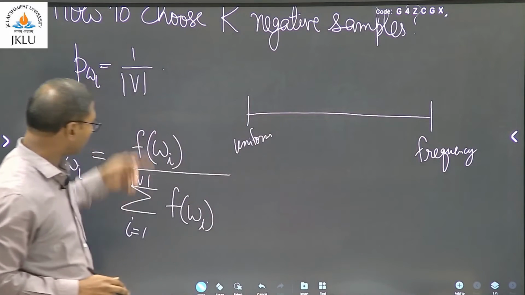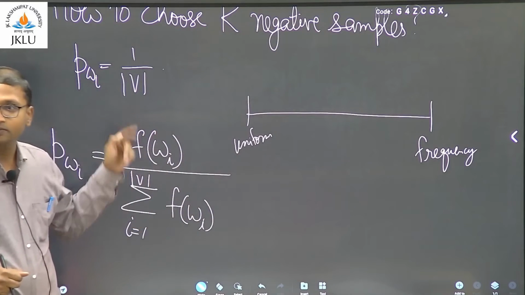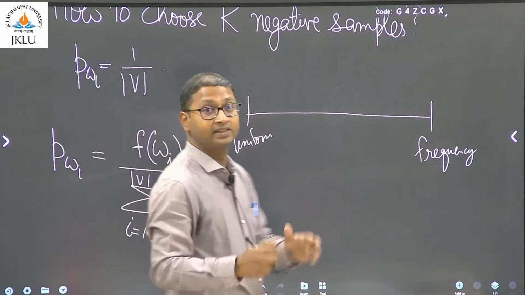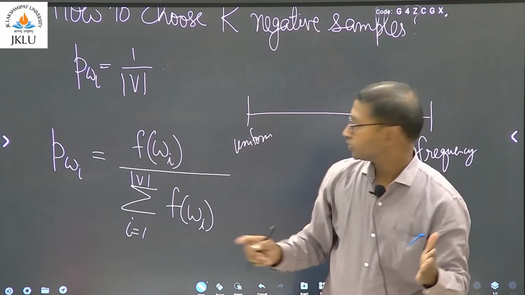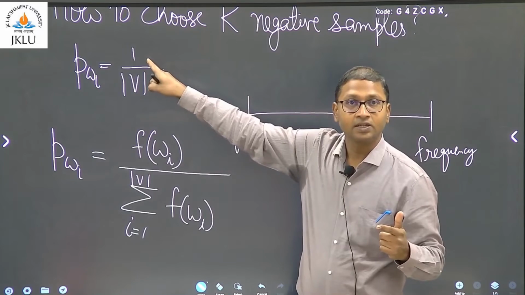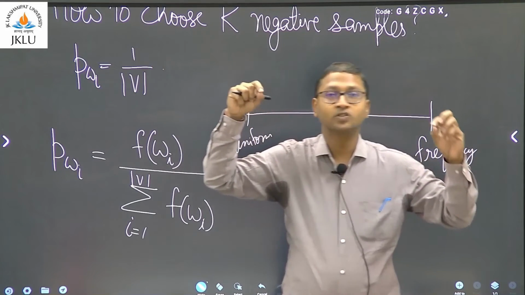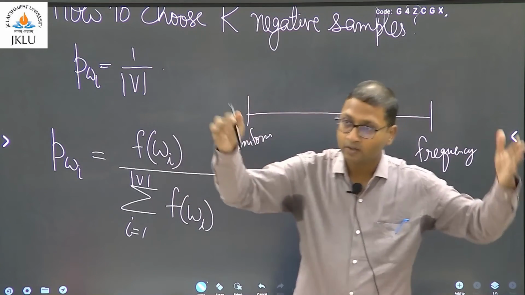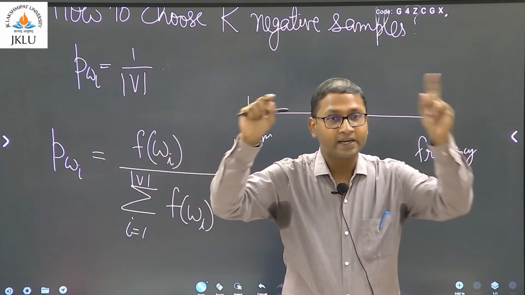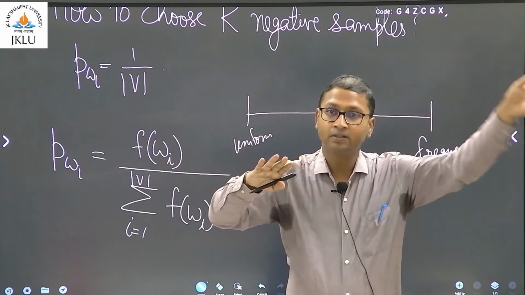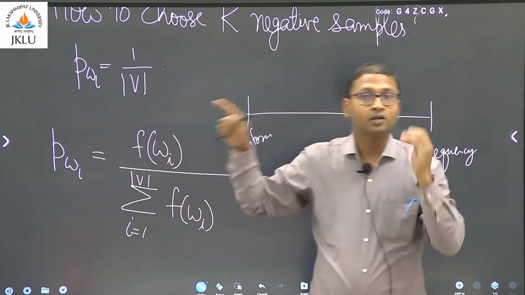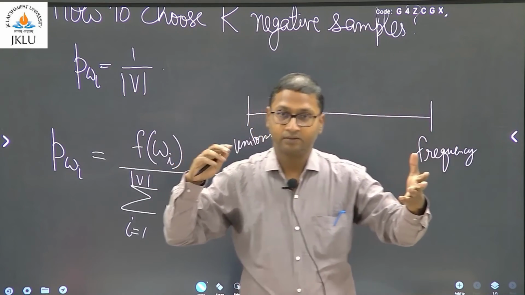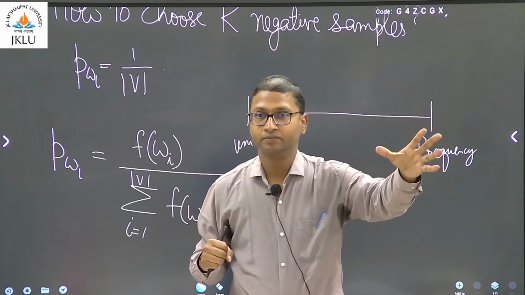So why do they reject this one? They say "the" appears just too much. Okay, so what was wrong with this? Here we said those words which almost do not occur in a corpus get the same probability as words like "the". Here we are saying words like "the" get overweightage.